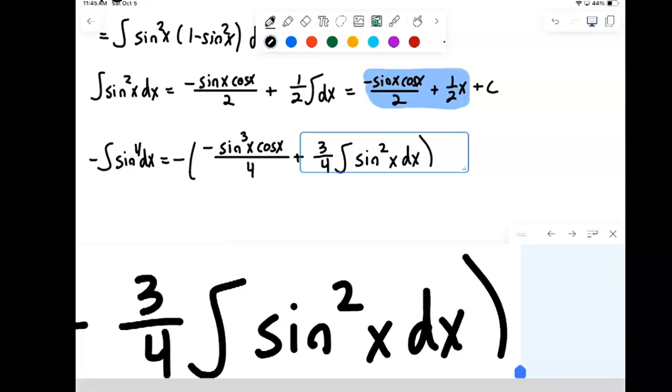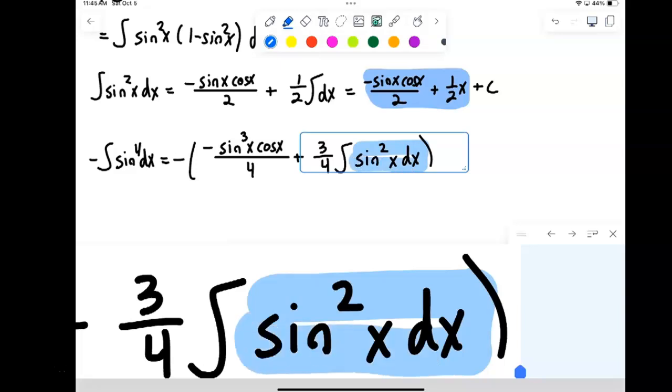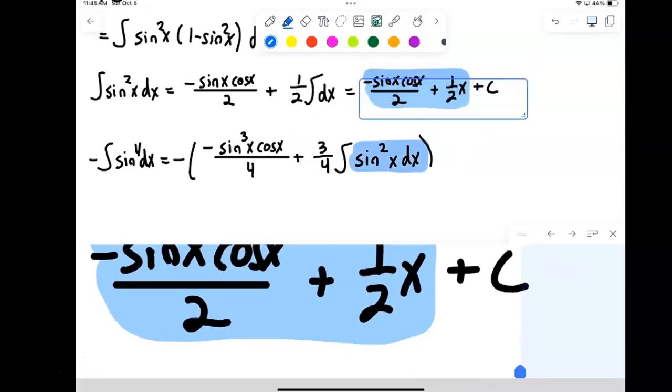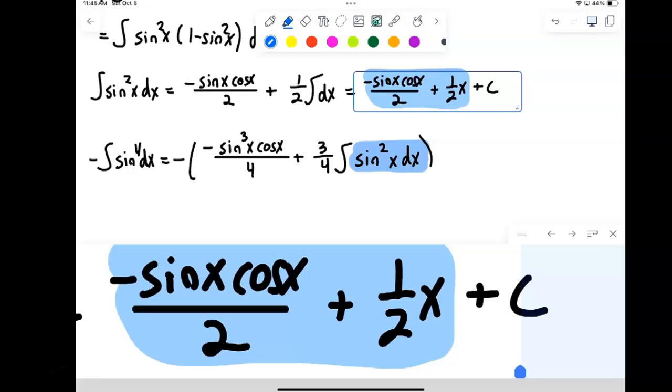And this is where my result from above for sine squared comes into play.